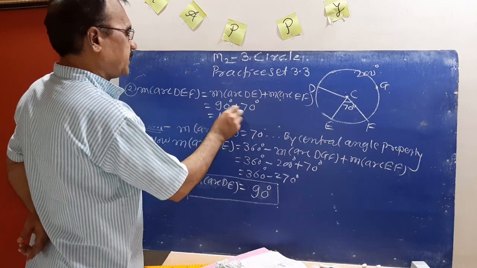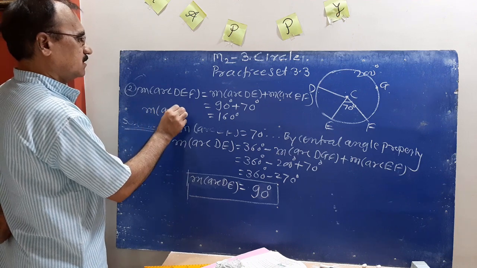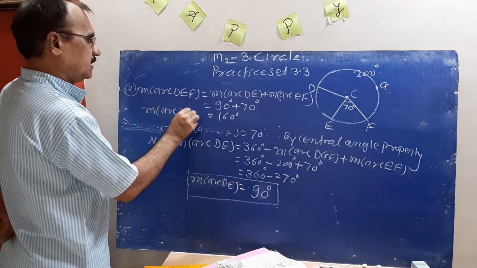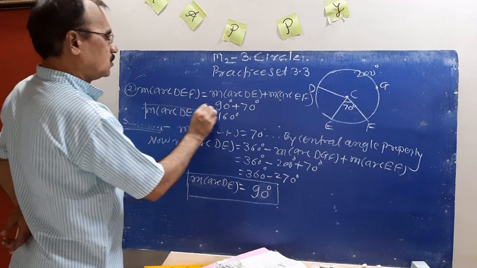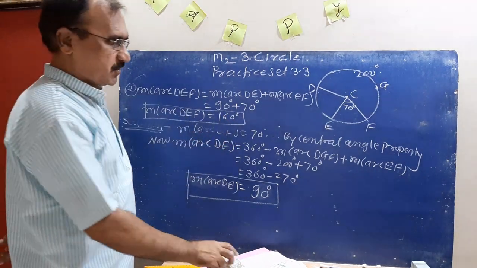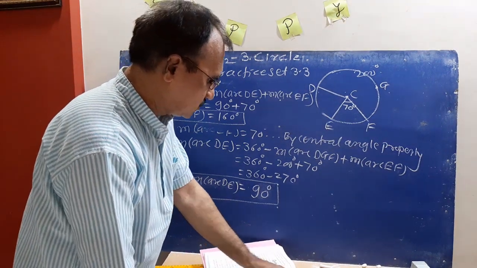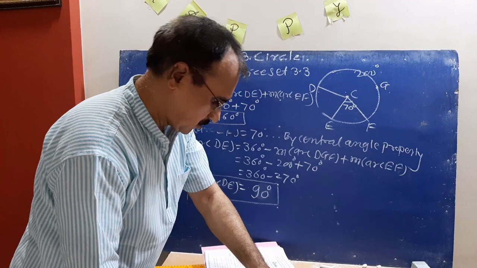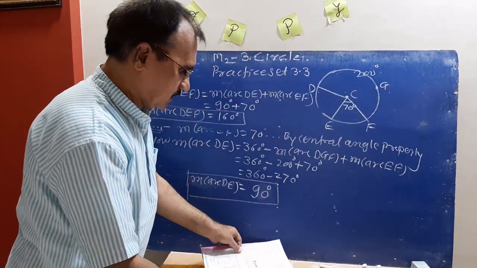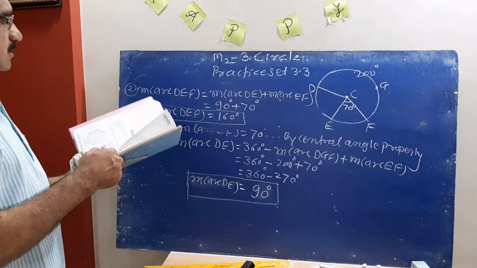The sum of 90 and 70 is 160, so the second answer, measure arc DEF, is equal to 160 degrees. Very easy examples are here. If you know the property and theorem, then we can solve any example from this practice set 3.3. There are only 3 examples in practice set 3.3.